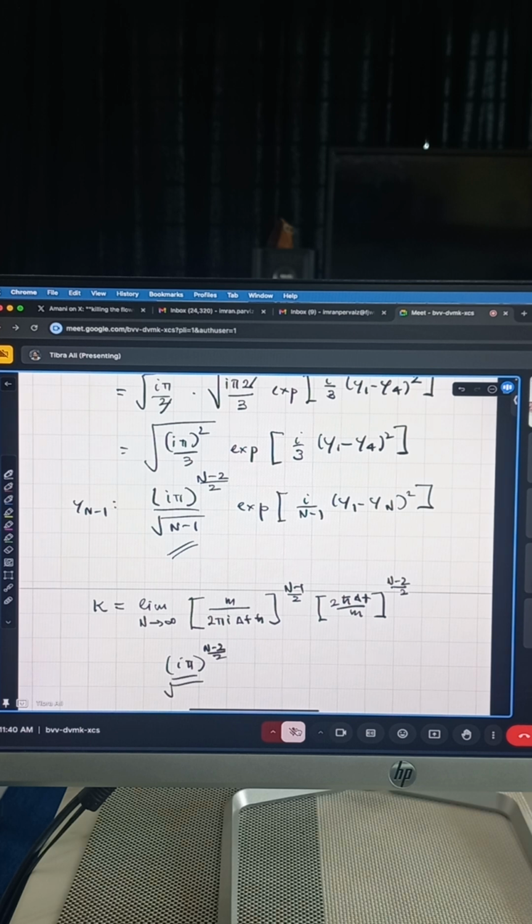So I've come back to our original variable. And now you can see that this factor very nicely goes inside here, right?